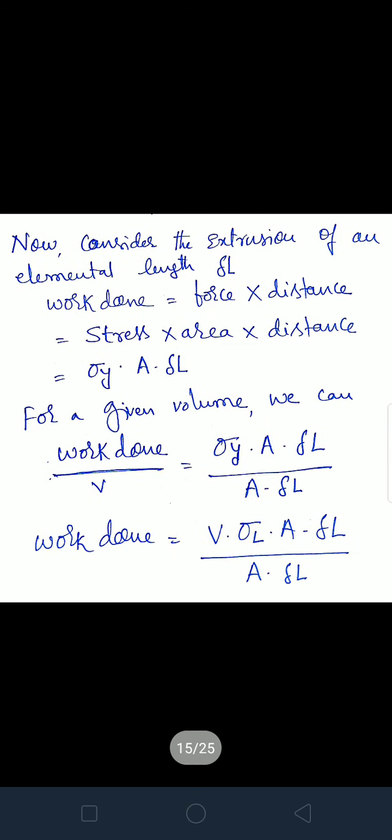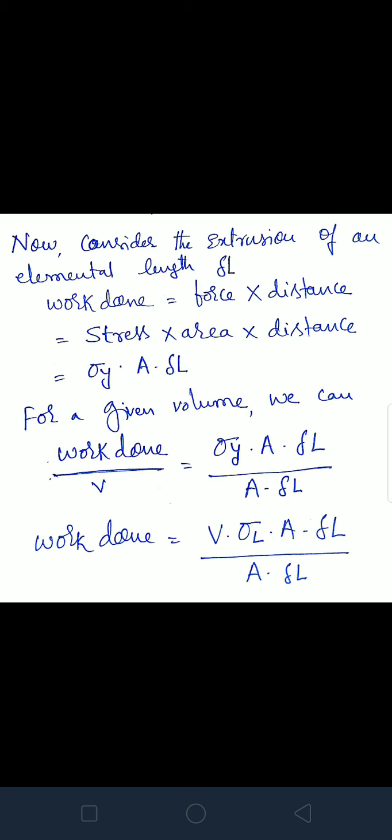Now consider the extrusion process of an elemental length dl. Work done is equal to force into distance, which can be written as stress into area into distance. Accordingly, sigma y into A into dl for a small change in length.